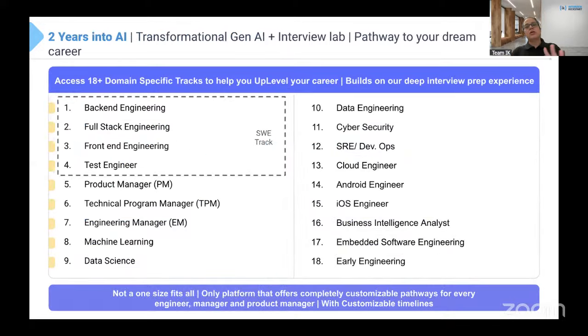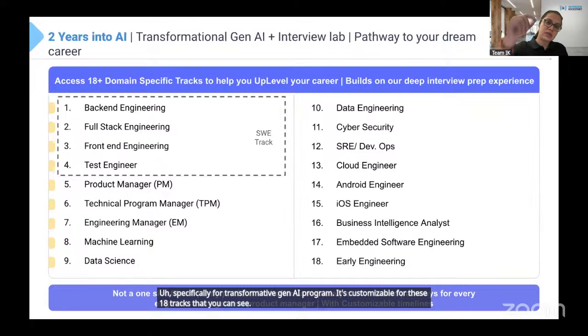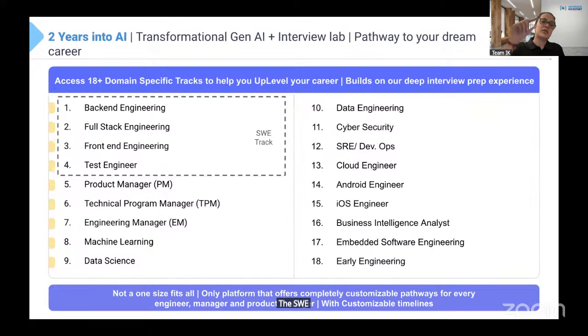This is the customization, no one size fits all. This is the reason to believe all of what I was saying, because whatever we are offering for the Transformative Gen AI program, it's customizable for these 18 tracks that you can see. The SWE track in itself is split into four: backend, full stack, front end, and test engineer.